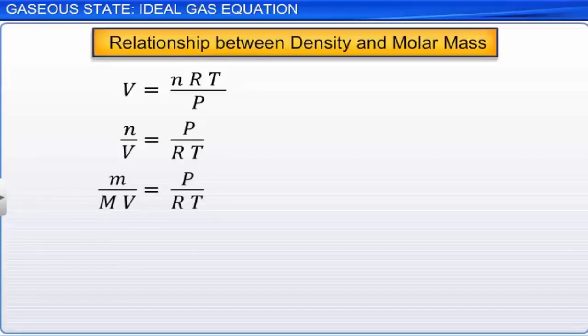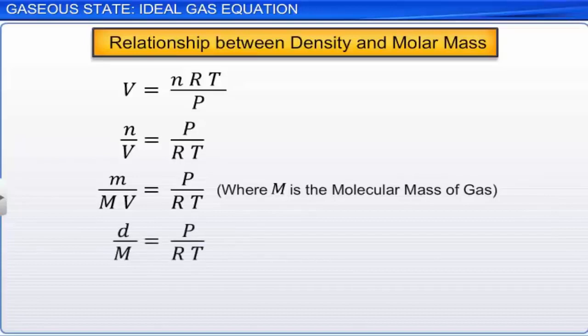Thus, we can rewrite the equation as D divided by M is equal to P divided by R into T. On rearranging the equation, we get the relationship to calculate the molar mass of gas as M is equal to D into R into T divided by P.